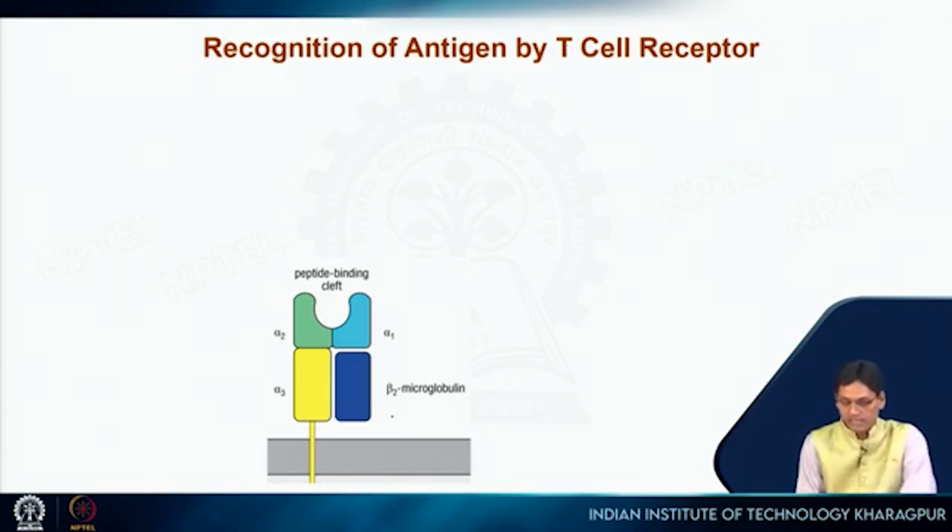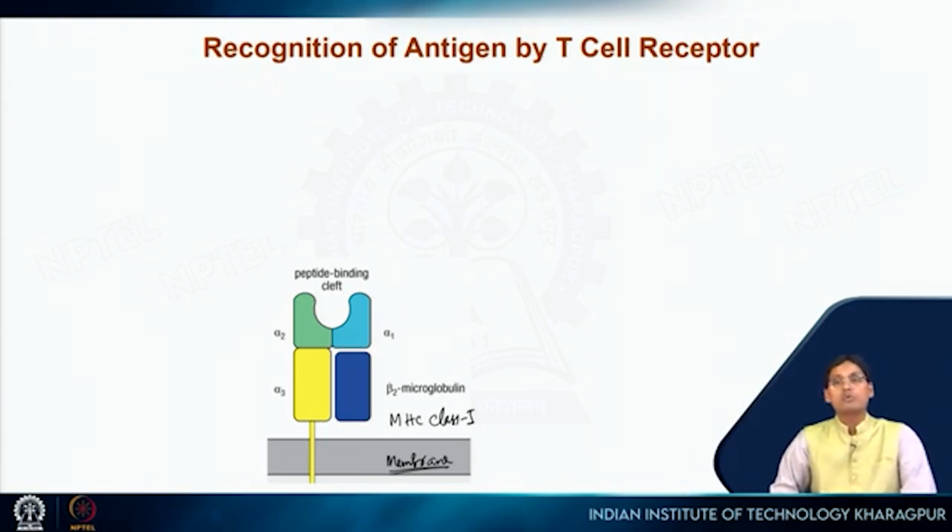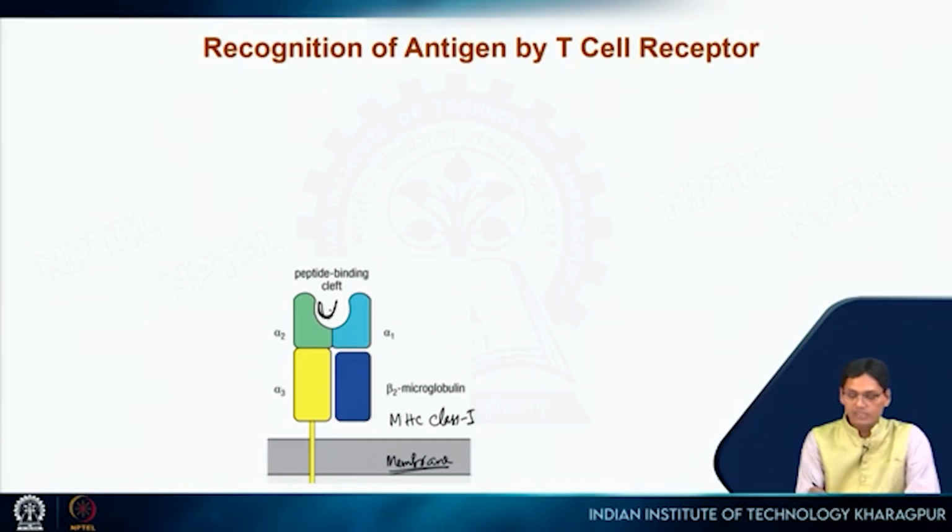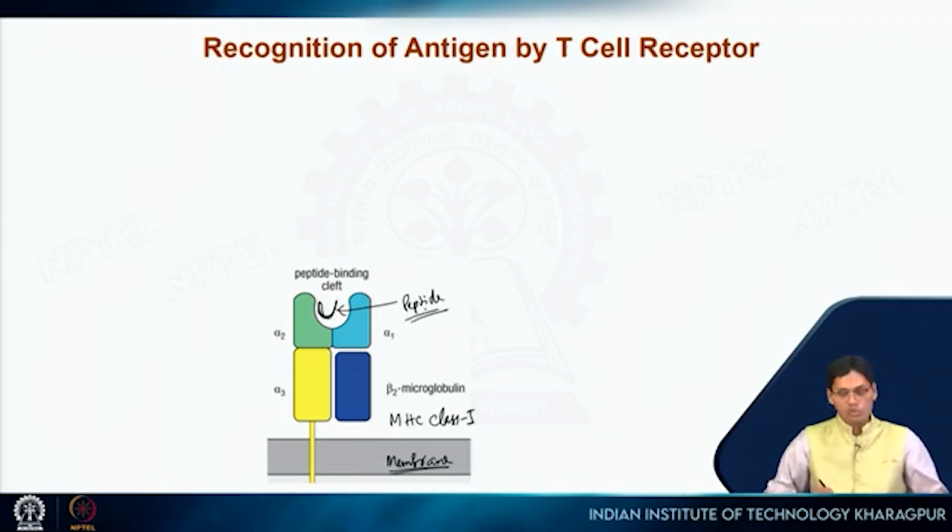For example, this is MHC class 1. This is the membrane. On the antigen presenting cell, this class 1 MHC may be presenting some peptide here. So this is our peptide now.